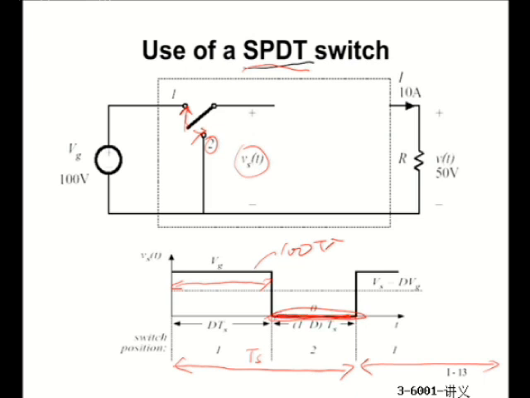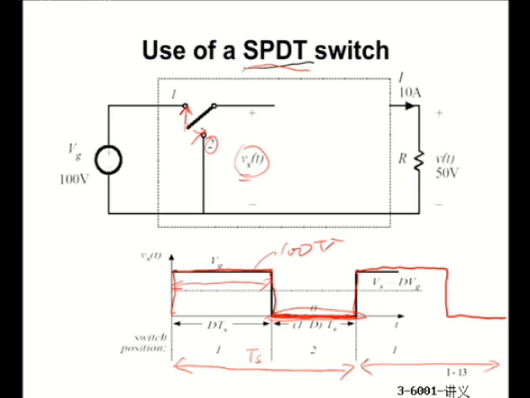So the Vs voltage would be, within one period, for some time the same as 100 volts, for the rest of time the same as 0. And we repeat that control periodically. Next cycle, 100 volts, 0, 100 volts, 0. So I got a square wave at Vs.